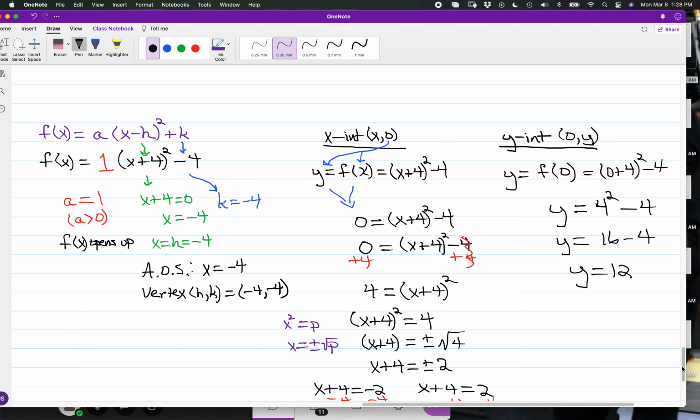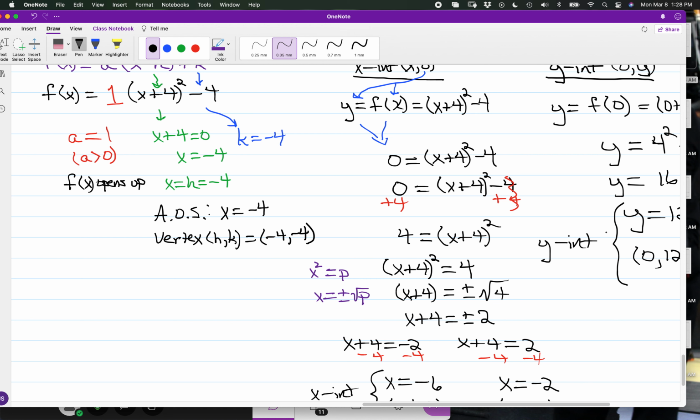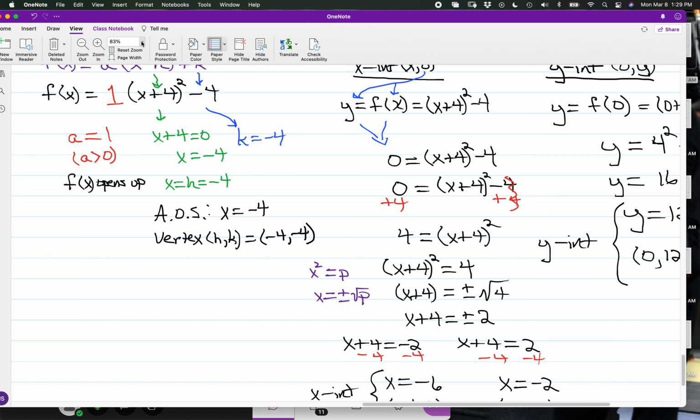And just identifying that intercept, again, you can denote in either of 2 ways. So for the y-intercept, you have y is equal to 12. And in terms of ordered pairs, okay, this is going to come out to 0, 12. All right, so just taking what we have all together.